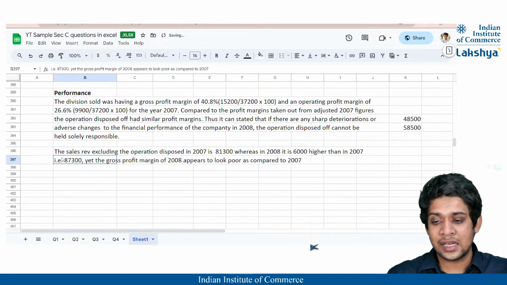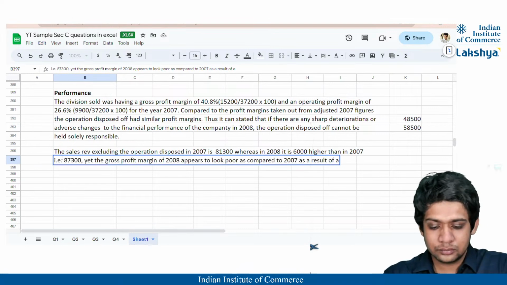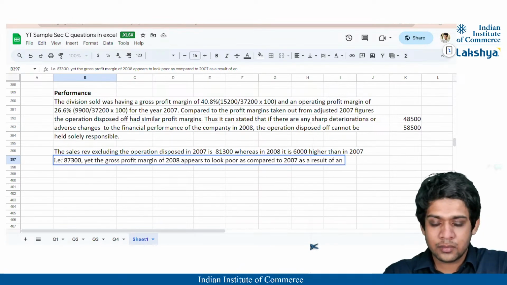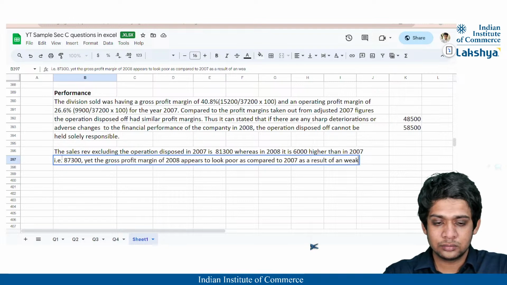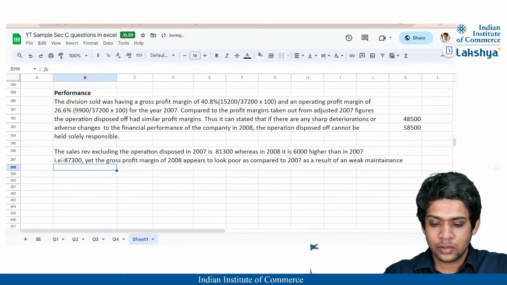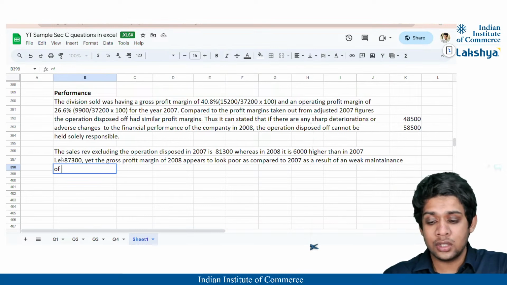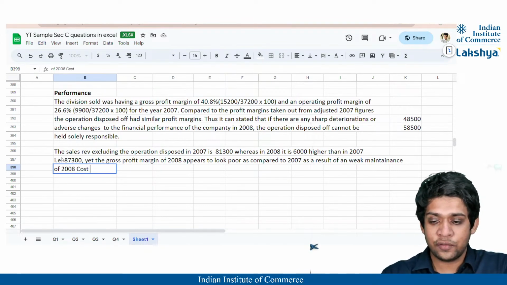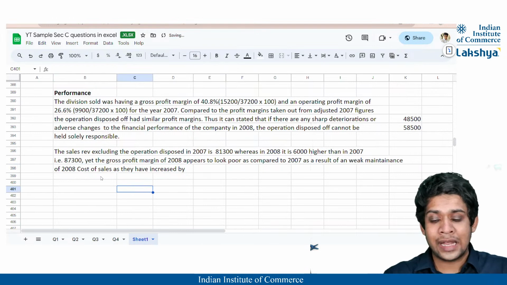So now it has become 58,500, right? So you can say as compared to 2007, as a result of maybe a poor maintenance or a weak maintenance of 2008 cost of sales, as they have increased by, so you can also calculate here in percentage.